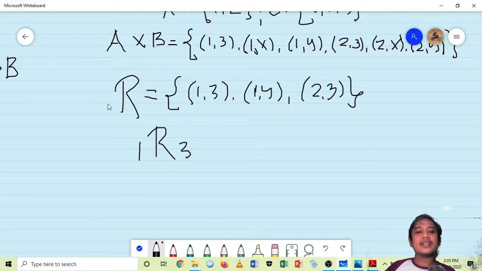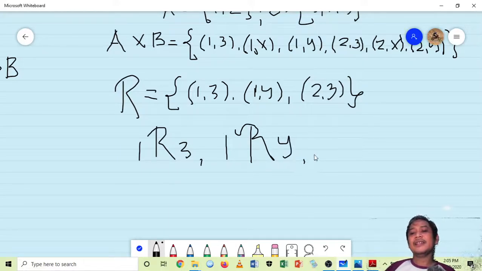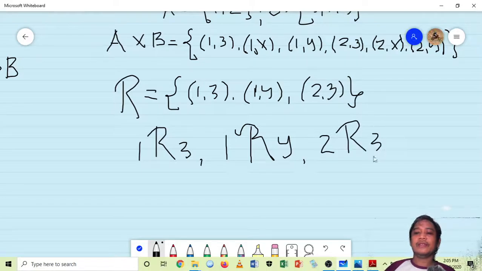Also, 1y is in R, so we also say that 1 is related to y. And also 2, 3 is in R, meaning 2 is related to 3.